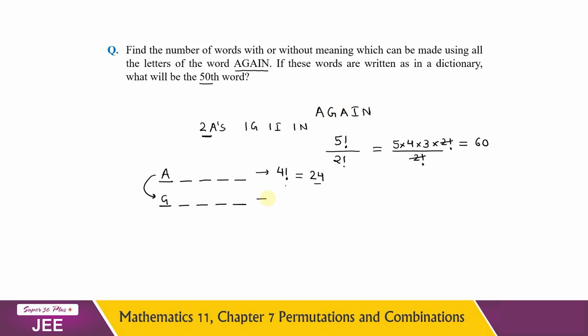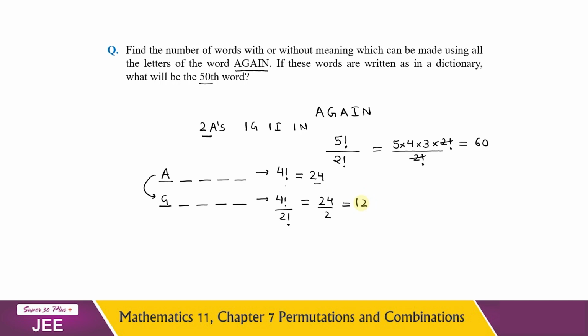This can be done in 4 factorial divided by 2 factorial ways, because we have repetition of 2 A's. So this is equal to 24 divided by 2, which is 12. We are done with the words starting with G. Up till now we have 24 plus 12, which is equal to 36.